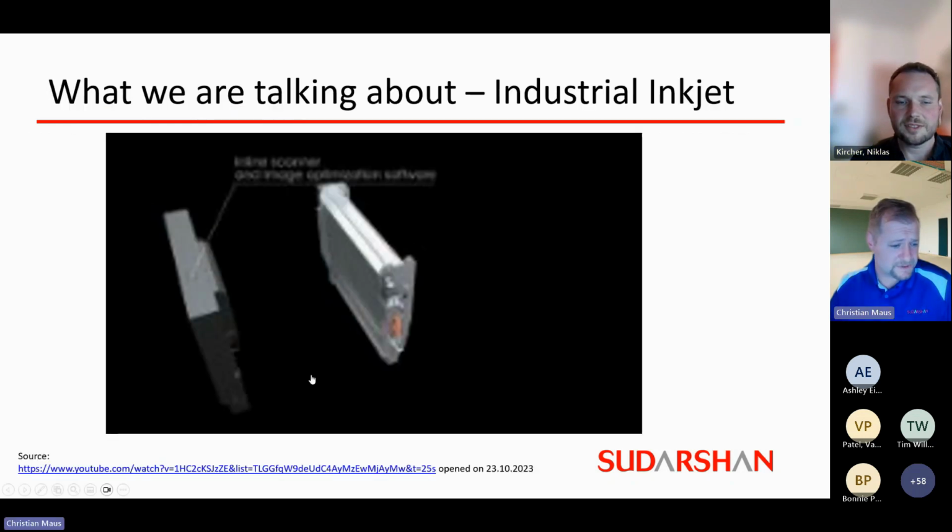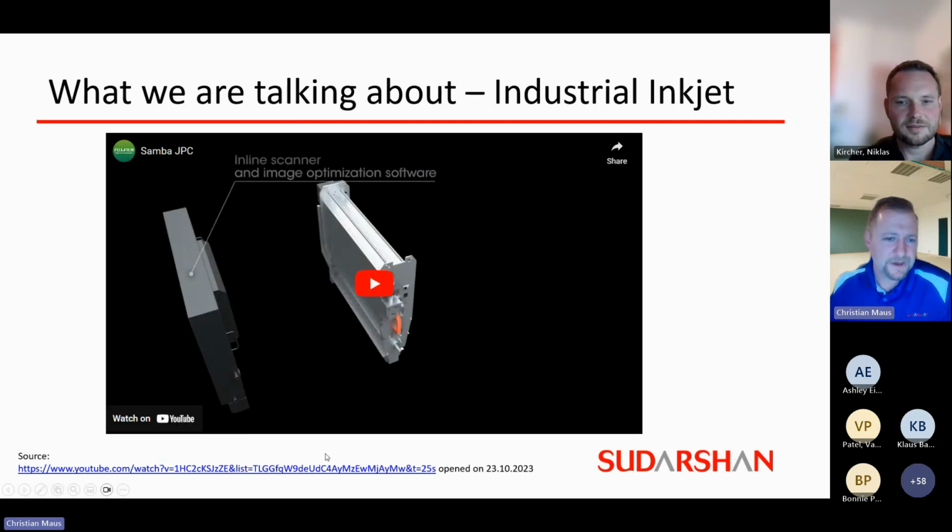Exactly. This is from a YouTube source at this address, which I found. It just gives you an example that we are no longer talking about a desktop printer where the printhead is moving from the right to the left, but with regards to industrial inkjet, a lot of developments and improvements have happened.